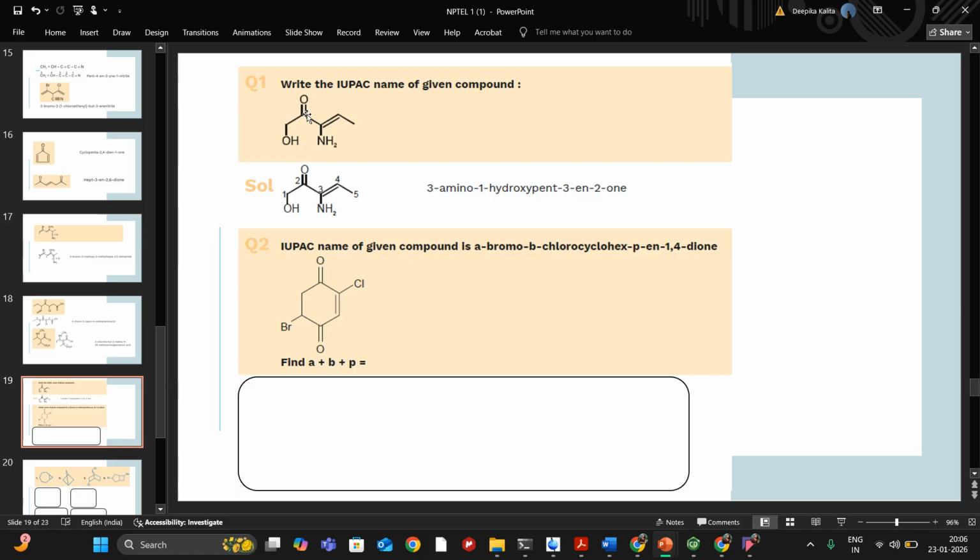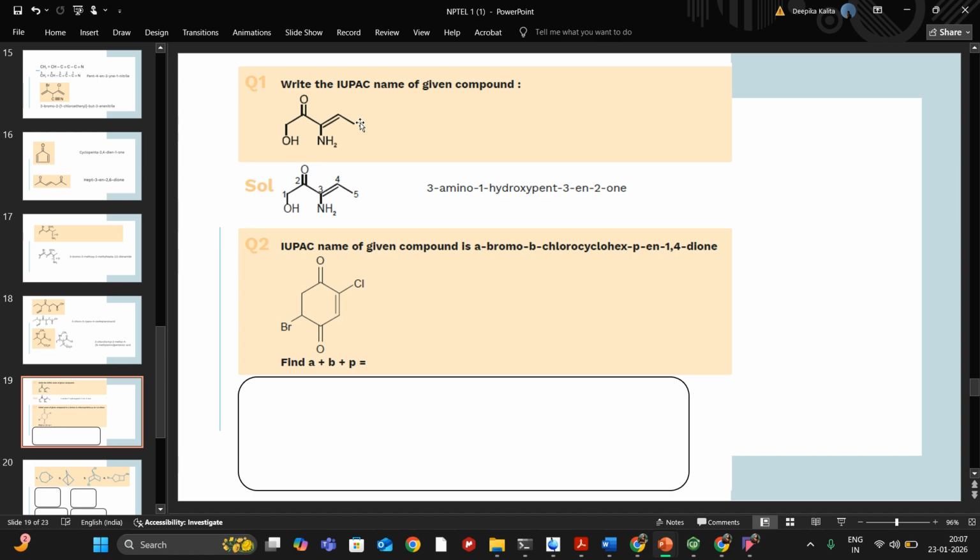Hence the parent carbon chain will consist of this keto group, and we will start the parent carbon chain from here. It will be 1, 2, 3, 4, 5. It will be a pentanone.